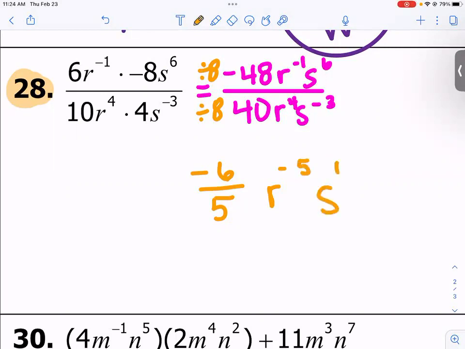And then for S, if I take 6 minus -3. Keep, change. Okay. So here's the deal. S to the 9th has a positive exponent, so it's going to stay in the numerator. But then since R has a negative exponent, I'm going to move it to the denominator with my 5.